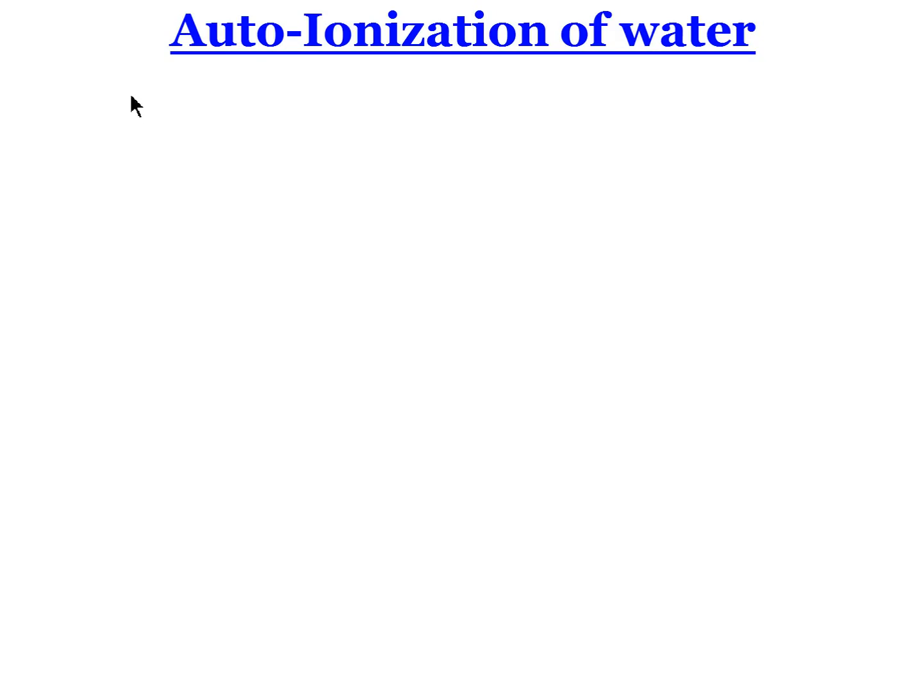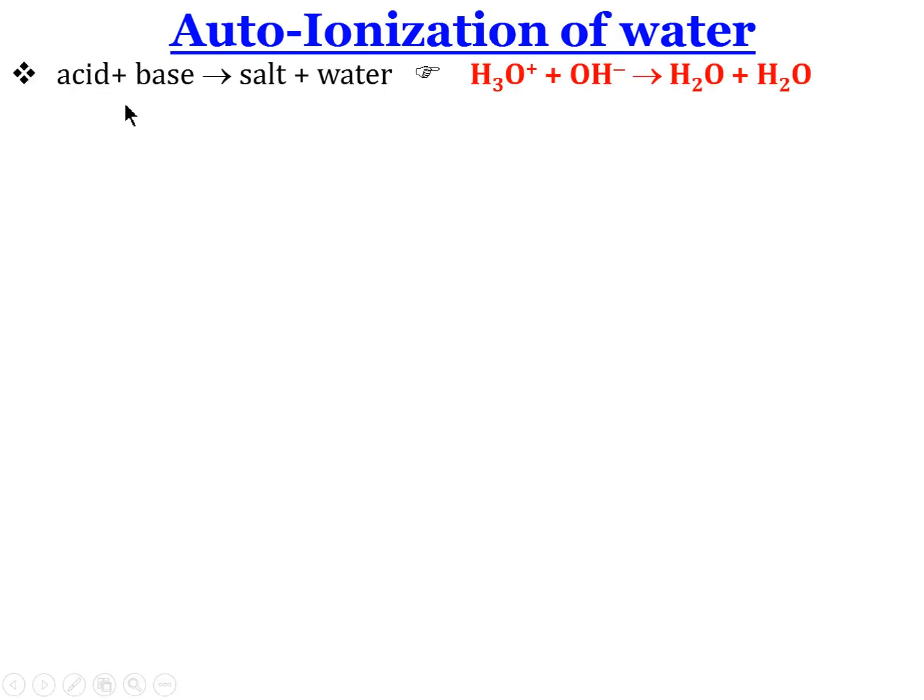Ionization of water. A strong acid reacts with a strong base to produce salt and water according to the following reaction. It can be written H3O plus plus OH minus giving 2H2O, or simply 1 H2O plus 1 H2O.